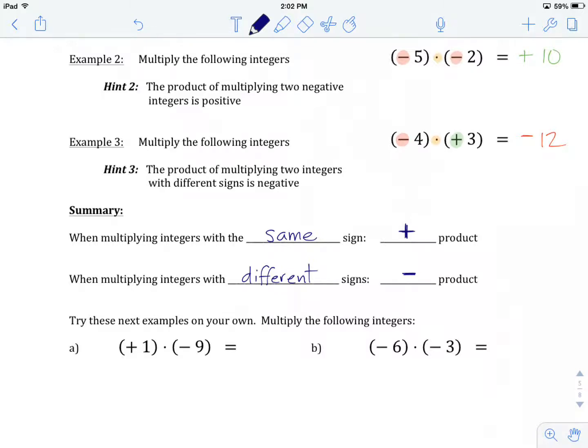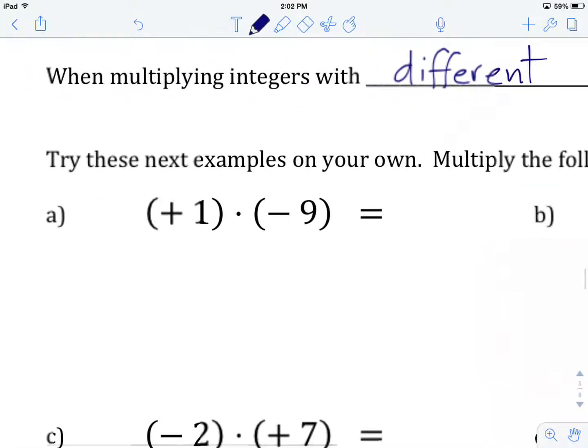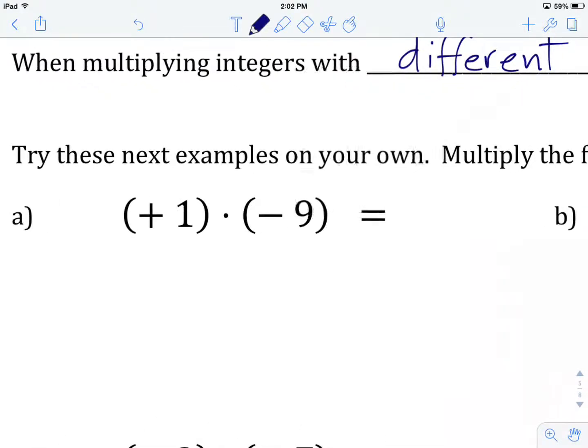What I'd like you to do now is hit pause in the video here, and try example A on your own. So come on back when you've got an answer and we'll see how you did. Okay, let's get a look at this one. We're going to multiply these two integers, positive 1 times negative 9.